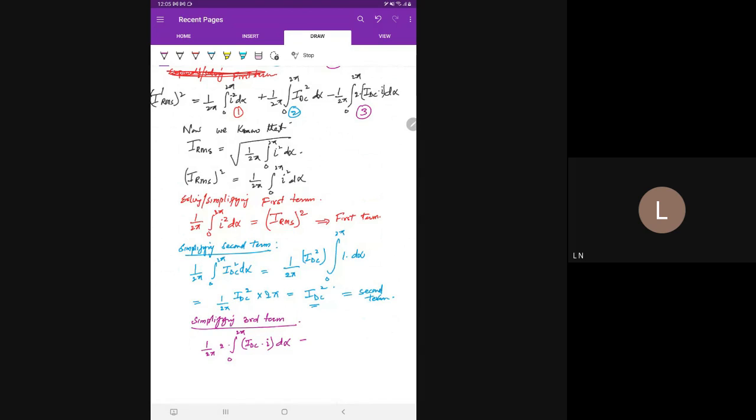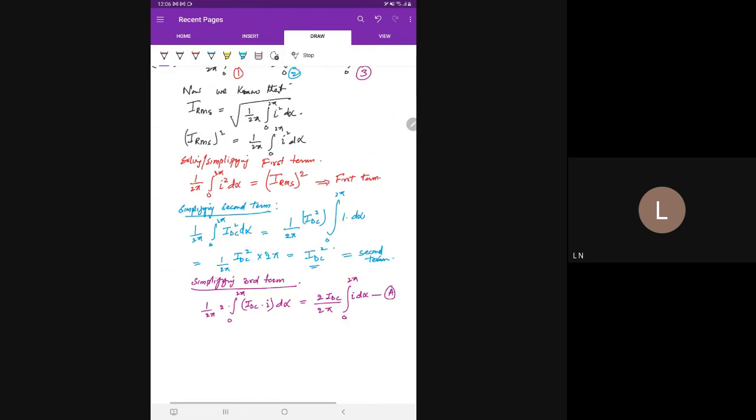We can simplify this term because IDC is constant here also, so IDC will be taken out. It will be equal to twice IDC by 2 pi integration 0 to 2 pi I d alpha. Say for example, this is equation A.